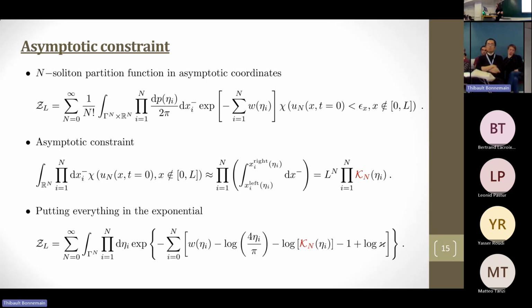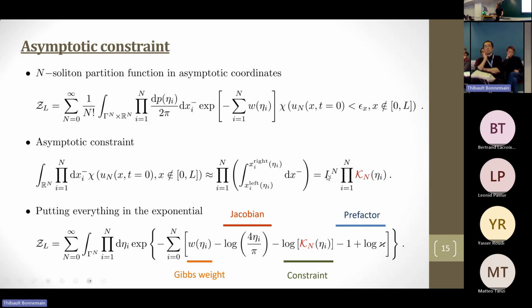Putting all this together, I put everything inside this exponential, and here again it gives weight. This is the Jacobian from the change of variable from p to eta. This is the constraint, and this term comes from the binomial factorials that are expressed using Stirling's formula and combined with this L to the n, using the fact that n over L is gamma.